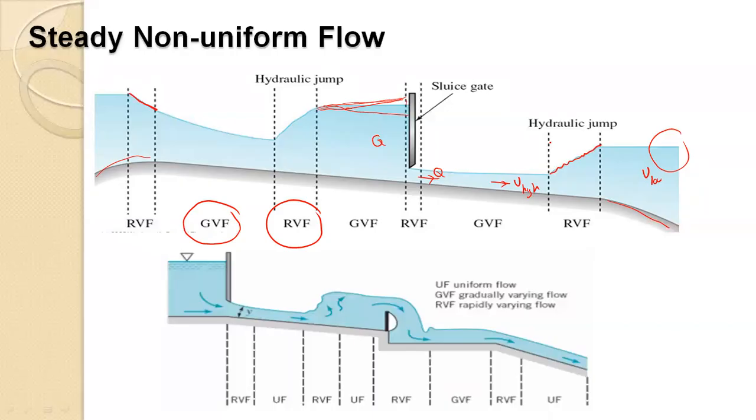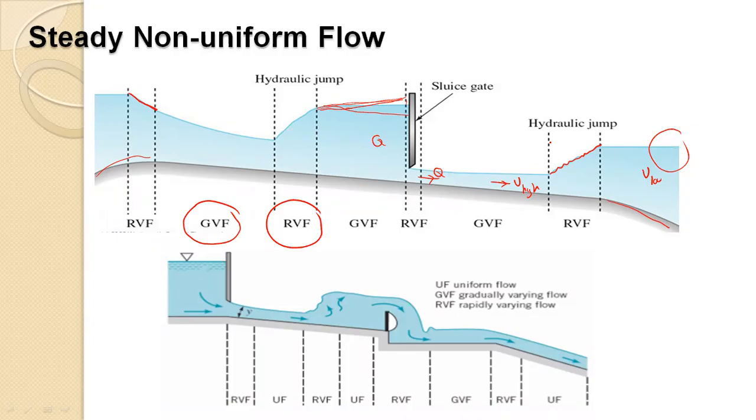So depending on the shape of the channel, the obstructions and the bottom slopes, the flow can be different from uniform flow conditions. It can be non-uniform, either gradually varied flow or rapidly varied flow. Under rapidly varied flow, we will basically study the hydraulic jump.